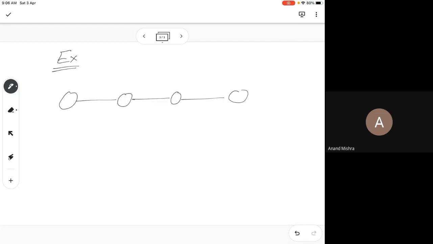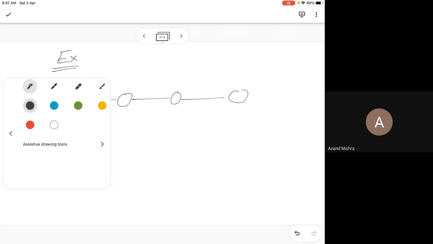Right, but a greedy algorithm, if you choose the nodes randomly and choose wrongly, it can give you three, which is not the correct one, but two is the correct answer. So the greedy algorithm first chooses any of these nodes and colors it. So I choose this node, and I use red color.